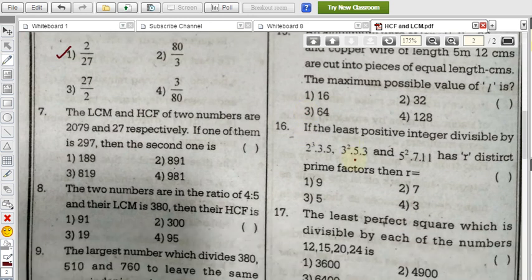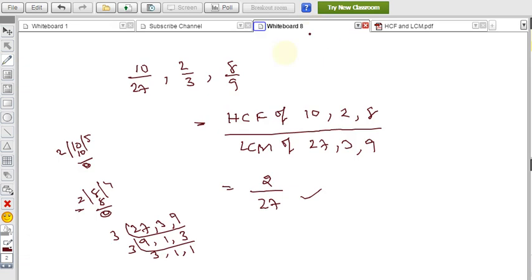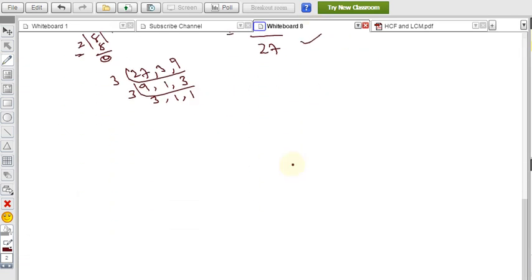One more rule. The LCM and HCF of two numbers are 2079 and 27 respectively. If one of them is 297, then find the second one. So I'll give you one important formula for this. Okay, now the relation between HCF and LCM.